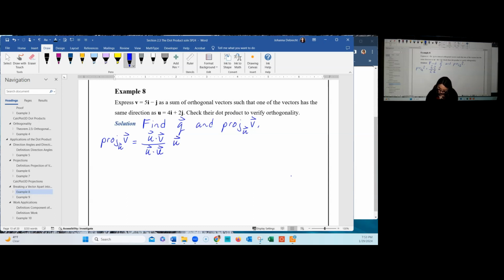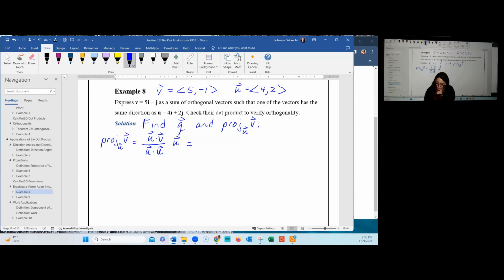times vector U. So now I can rewrite these. I can also think of V as 5, -1. And I can think of U as 4, 2. So in this case, they're written in terms of the standard basis vectors. And in this case, they're written in component form.